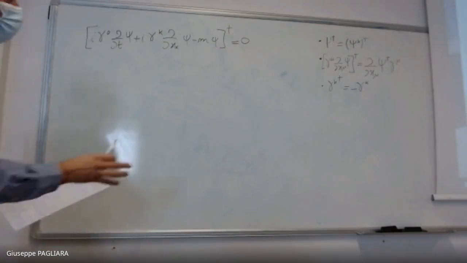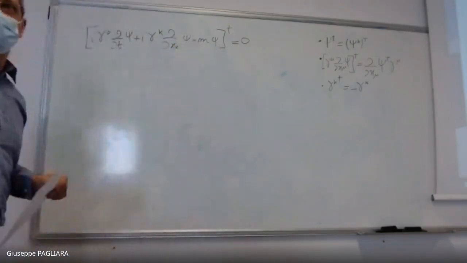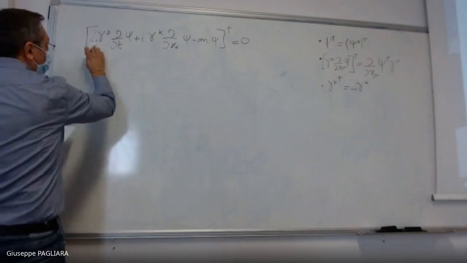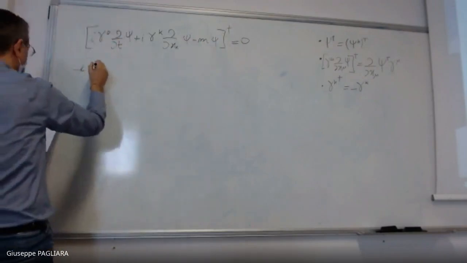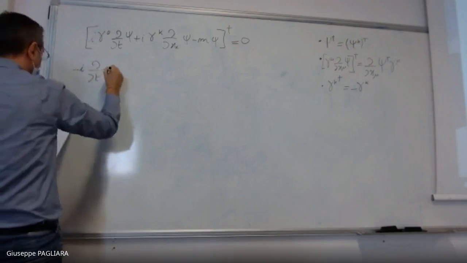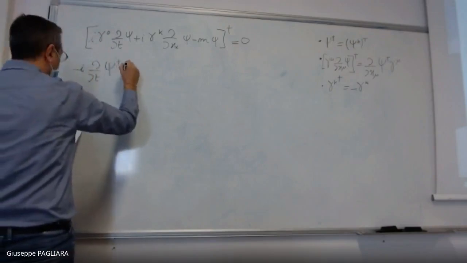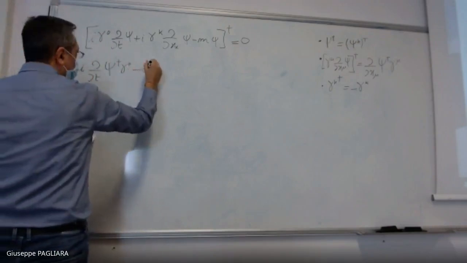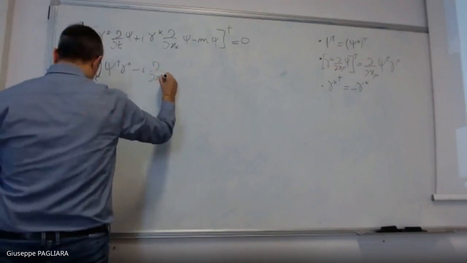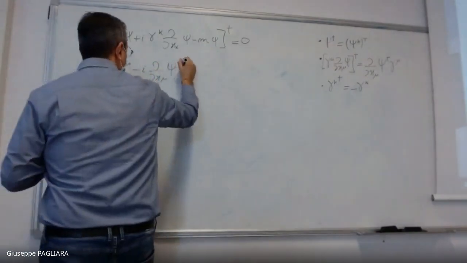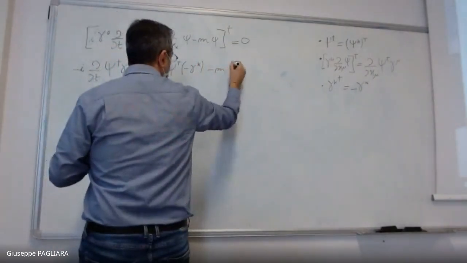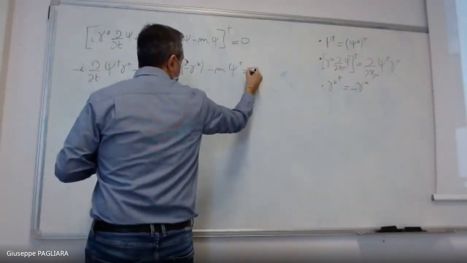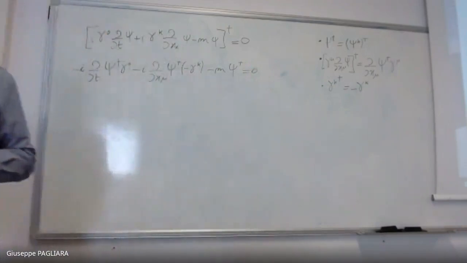Okay, so now using these ingredients, let me write this down. We're going to have minus i, because we take the complex conjugate, so it's the minus sign here: minus i ∂ₜ psi dagger gamma 0, minus i ∂ₓₖ psi dagger minus gamma k, minus m psi dagger equal to 0.